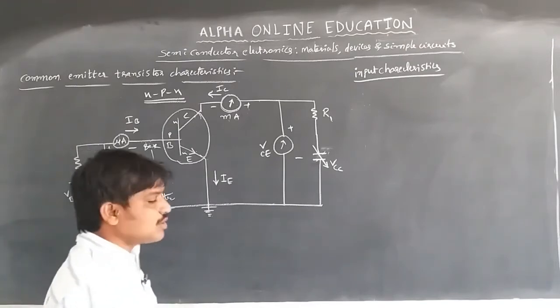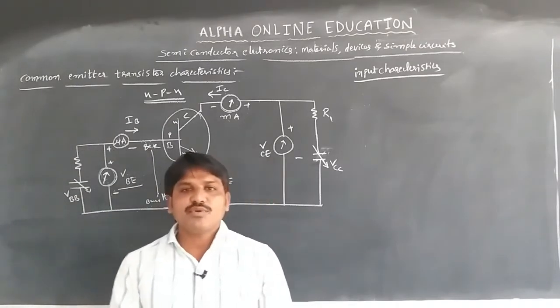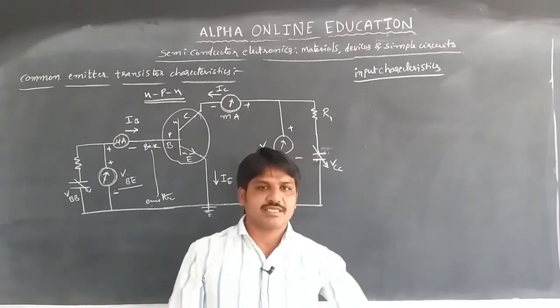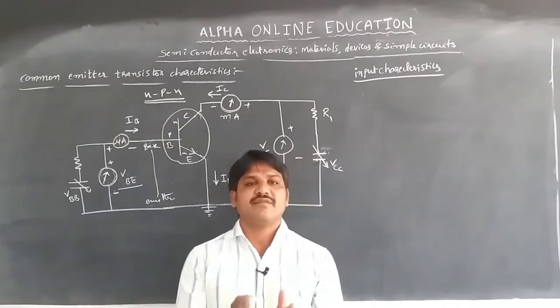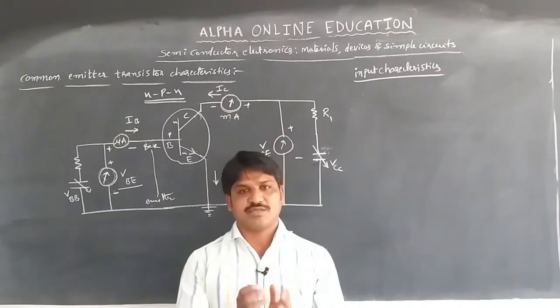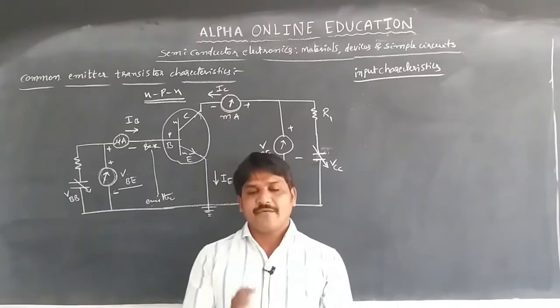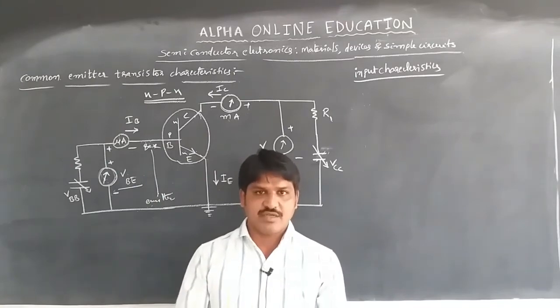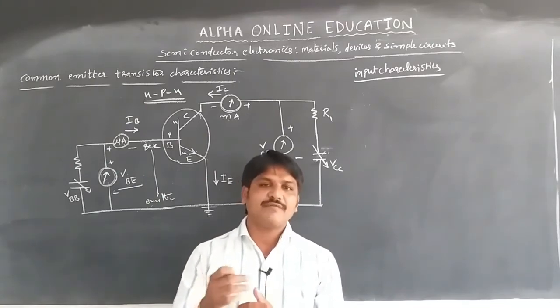Clear? So, to study the input characteristics and output characteristics, what happens whenever the values change? For the input characteristics, by changing the potential at the input, we note the values.